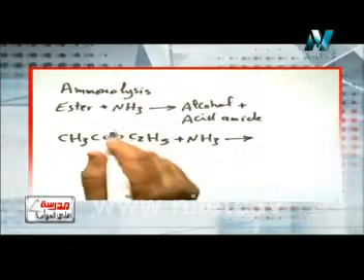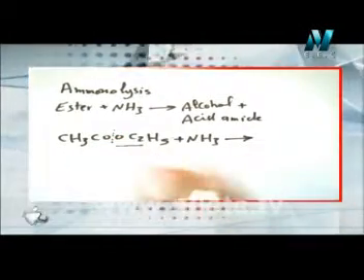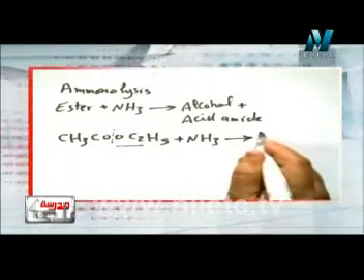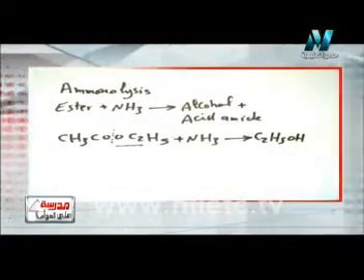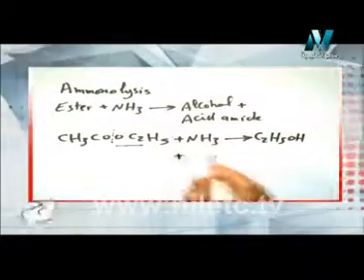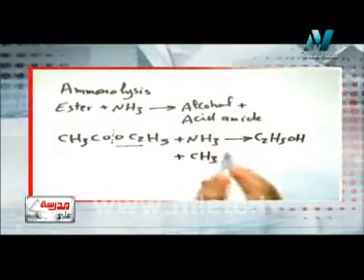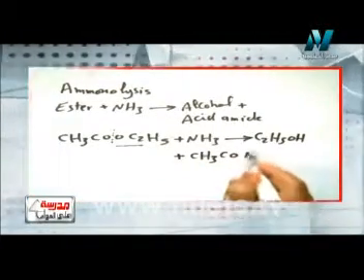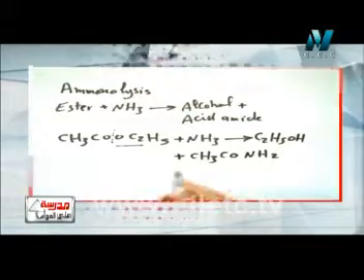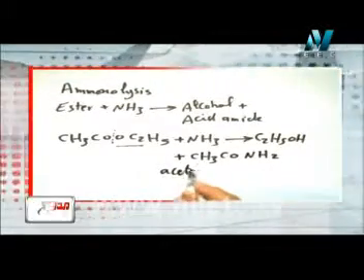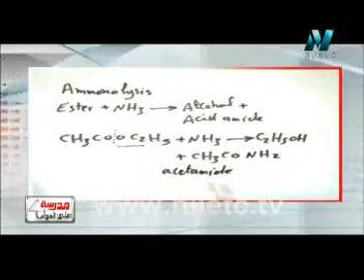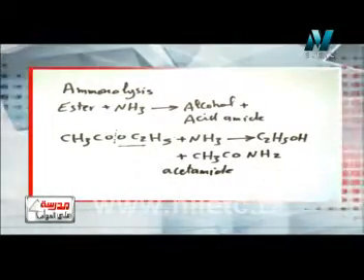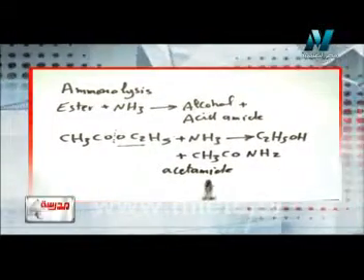So C2H5O takes 1 H to be C2H5OH, ethyl alcohol or ethanol, plus CH3CONH2, acetamide, acid amide. Take care, only one O. CH3CONH2, acetamide.